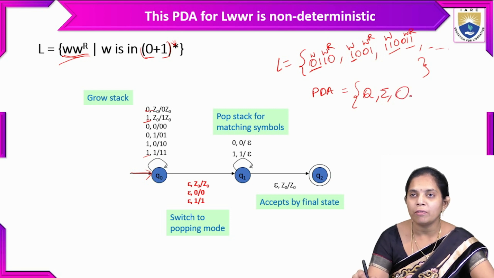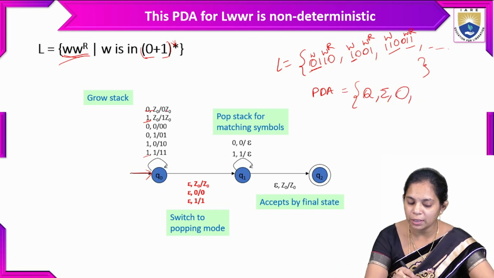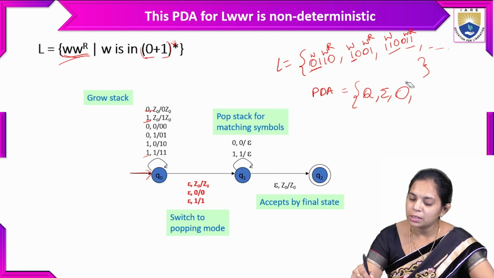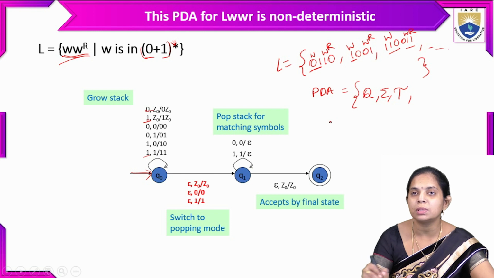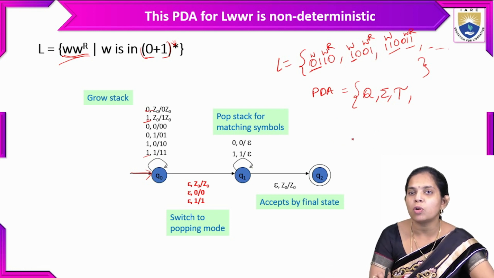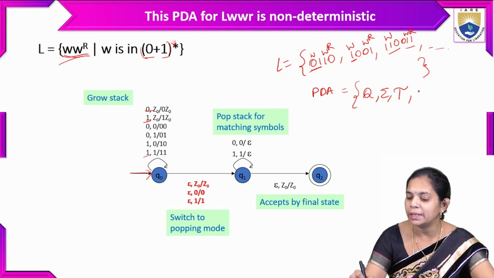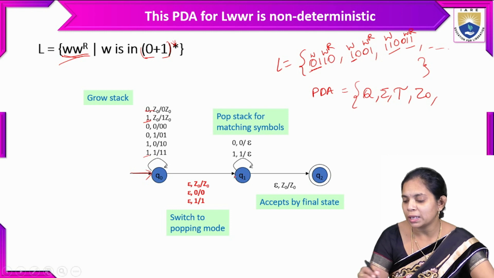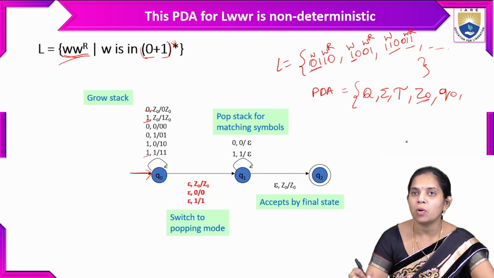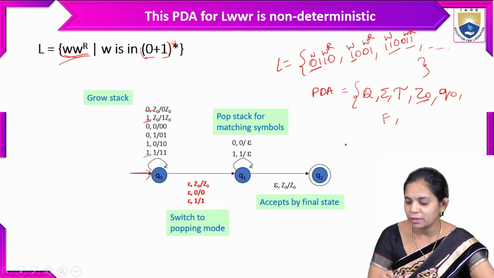For the stack symbols we write tau. Tau symbols are the ones we push into the stack. And the initial stack symbol, since initially we initialize the stack with Z0, and the initial state is Q0, and the final state is F, and the transitions are delta.